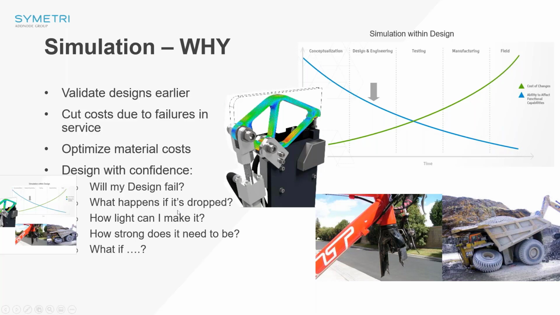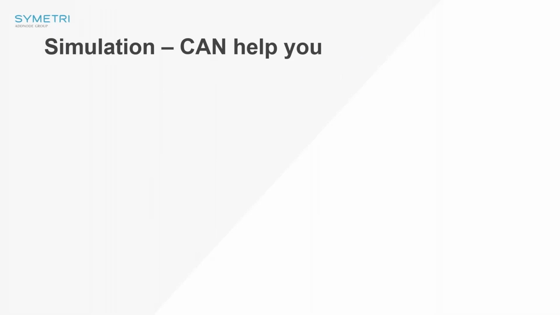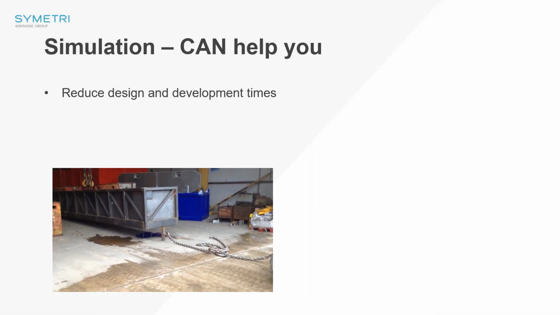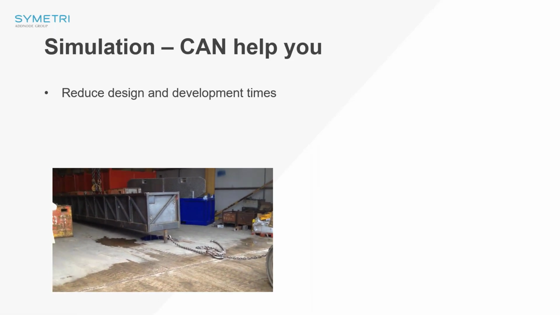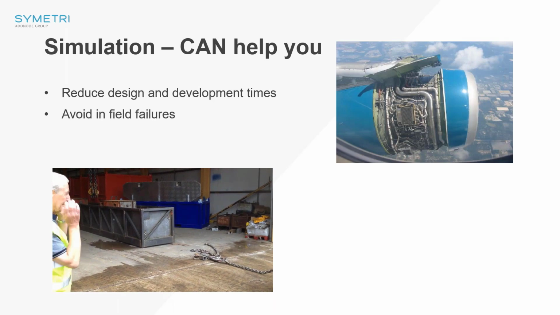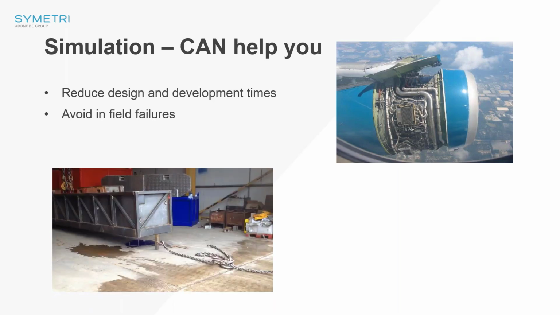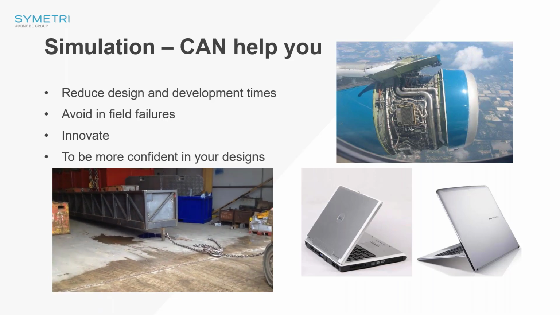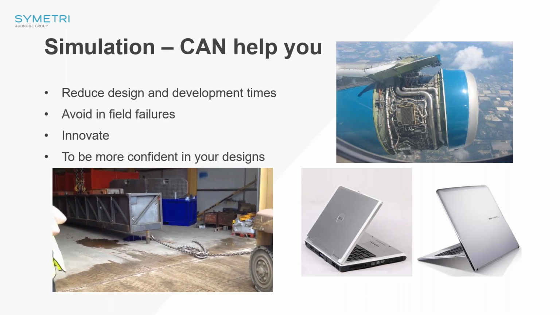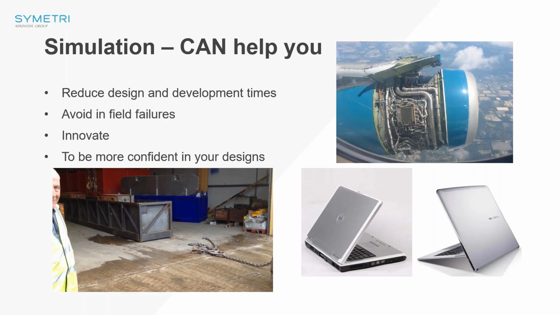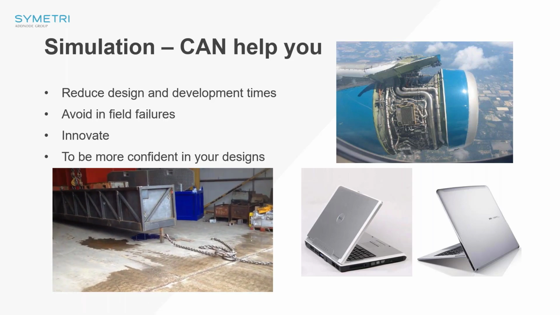Basically, a lot of what-if scenarios. Simulation can help us to reduce design and development costs, avoid failures in service. I don't think anybody wants to sit in the plane and see that happening to the engine through the window. It helps us innovate, and most importantly, make more informed design decisions.